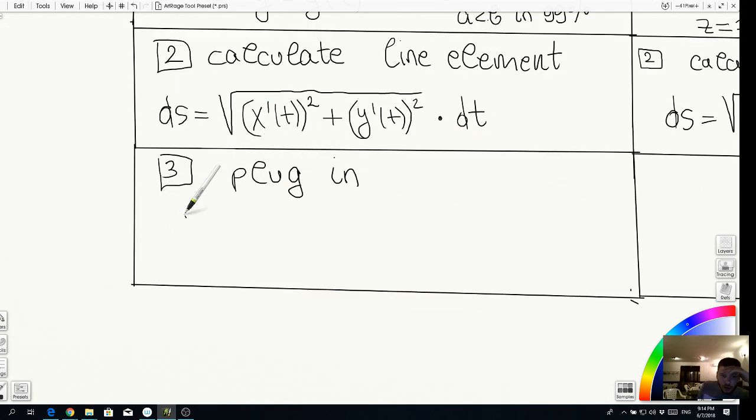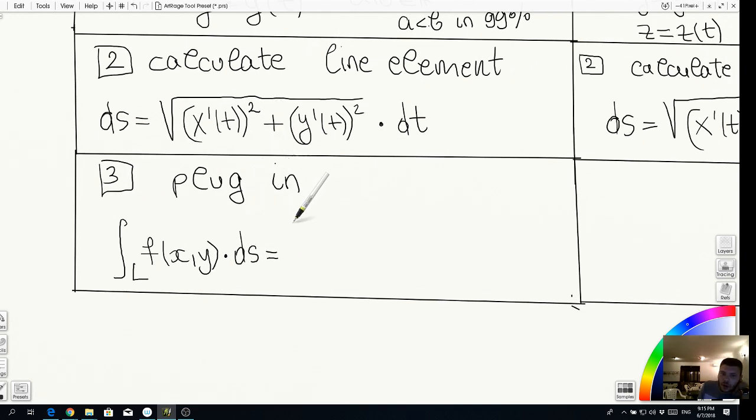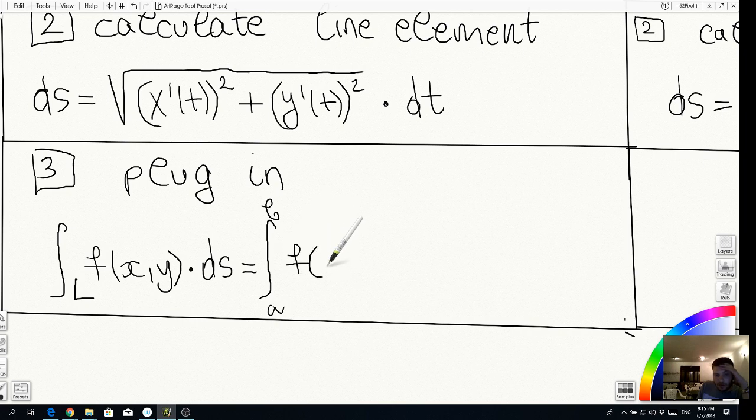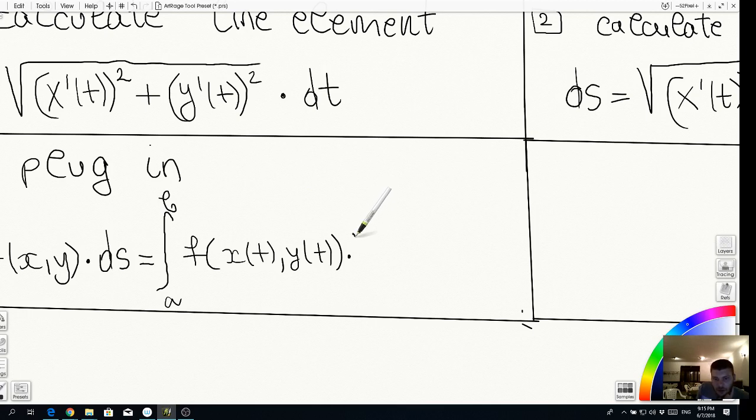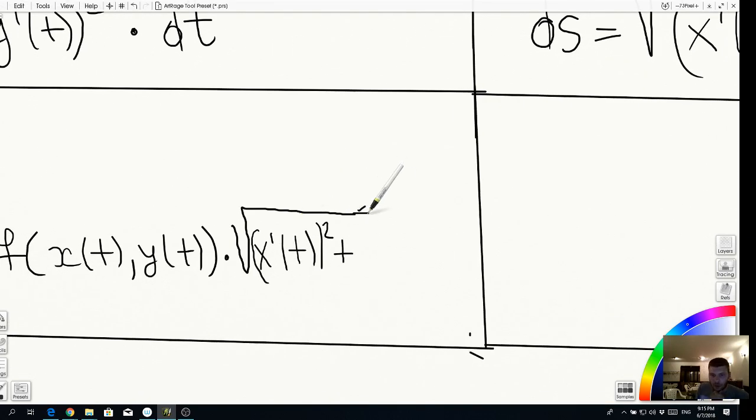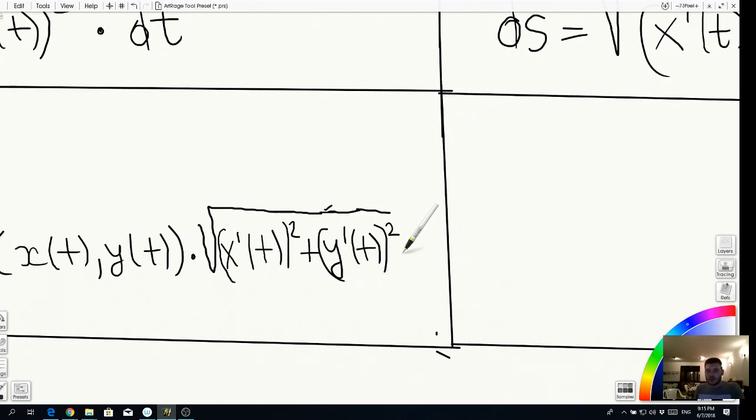So our integral over curve L of f times ds will be equal to ordinary integral from A to B. Function f is here, and that function now depends on t, times ds, and ds is this square root of derivative of x squared plus derivative of y squared times dt.